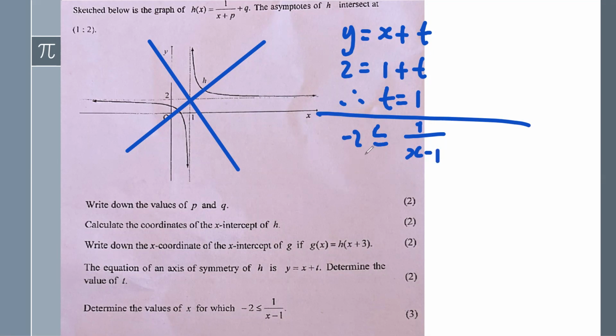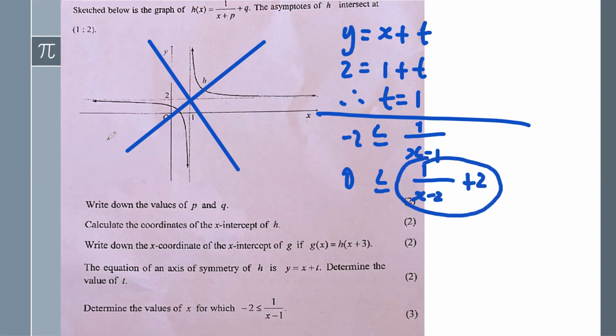If you notice, this is essentially saying 0 less than that, x minus 2 plus 2. Now, what is this? This thing on the right, it's a 1, all right?